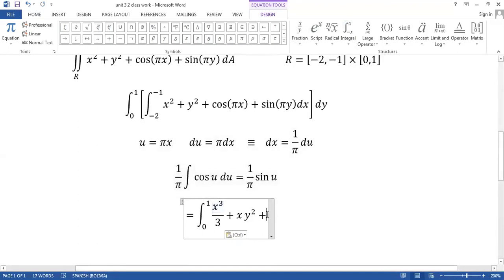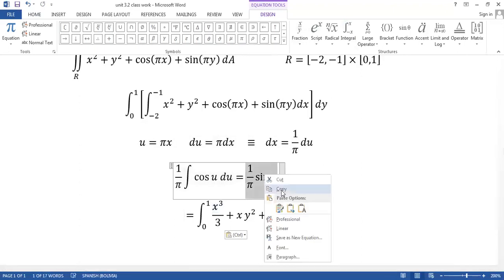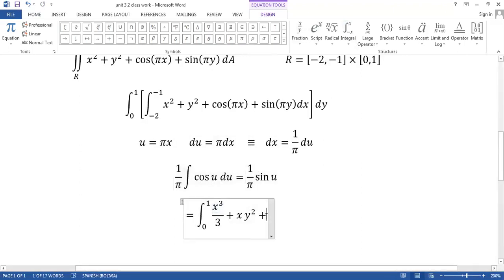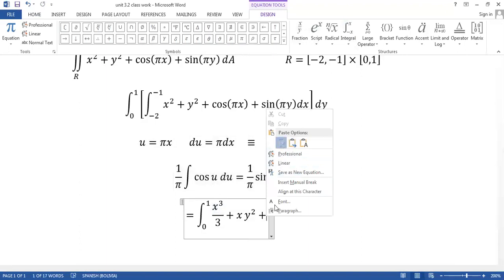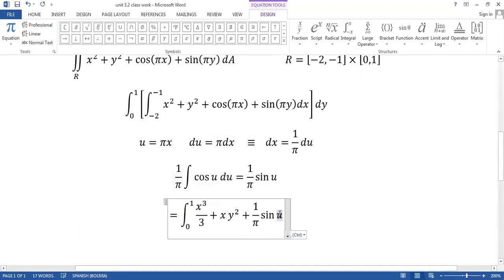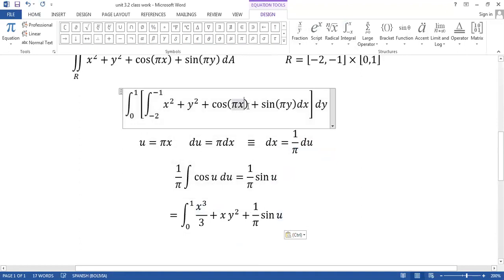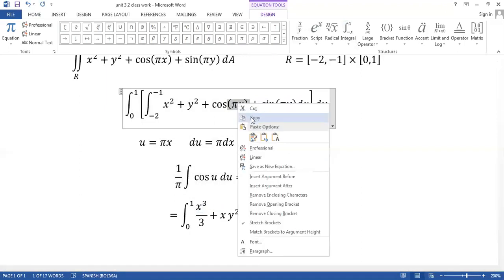So we're going to copy, paste. And I'm going to change back my u to my pi. At least let me use it from here because I want to capture the bracket. Yeah. Copy.